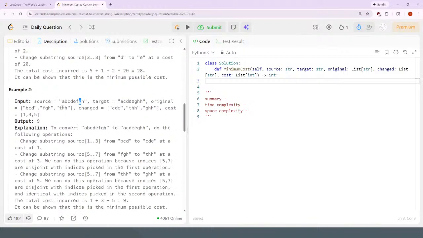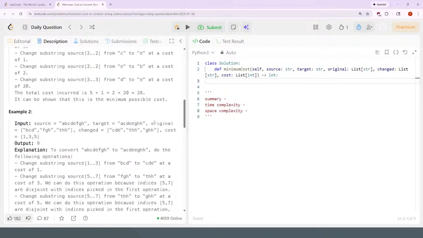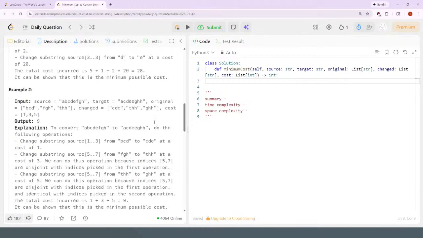Okay, example 2, ABCDEFGH to this thing. Okay, here we go. So original and changed are not character arrays, they're string arrays. Interesting. So I can change BCD to CDE, which is the target.